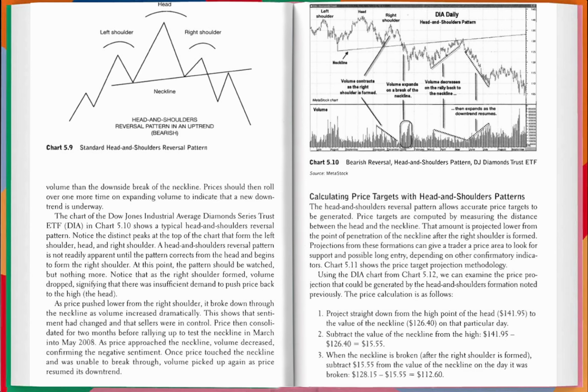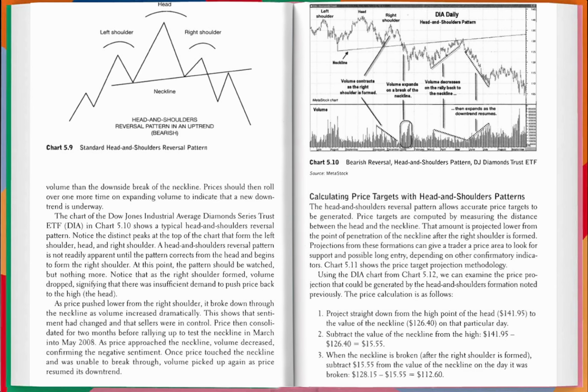Using the DIA chart from Chart 5.12, we can examine the price projection that could be generated by the head and shoulders formation noted previously. The price calculation is as follows. 1. Project straight down from the high point of the head, $141.95, to the value of the neckline, $126.40, on that particular day. 2.